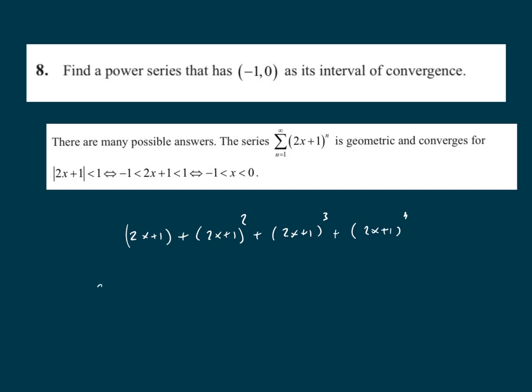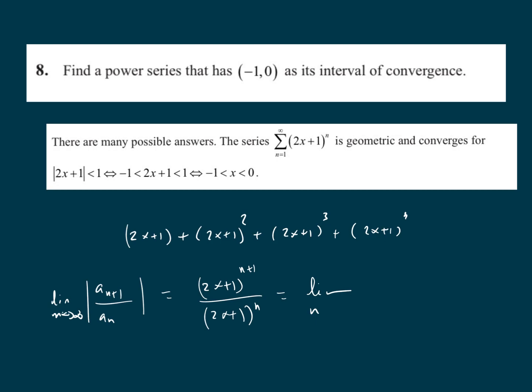And the ratio test will say that the absolute value of this limit, when n goes to infinity, will be (2x+1) raised to the n+1 power divided by (2x+1) raised to the n, which is the limit when n goes to infinity of 2x+1.